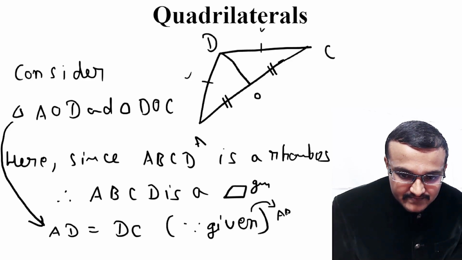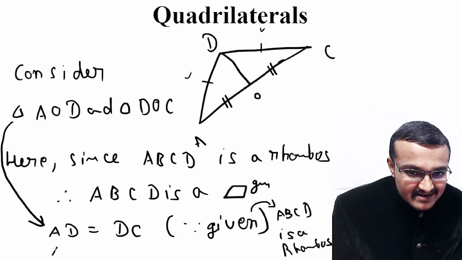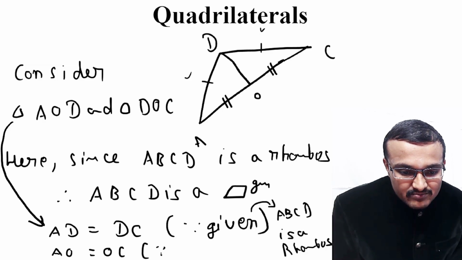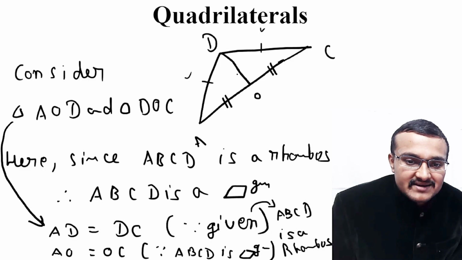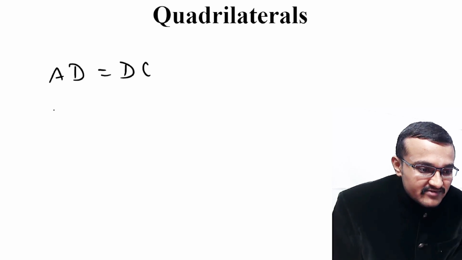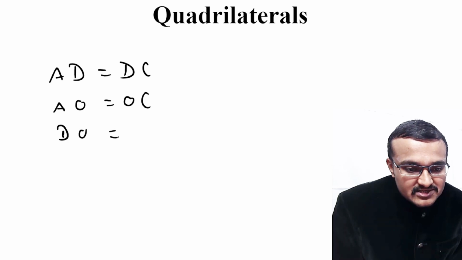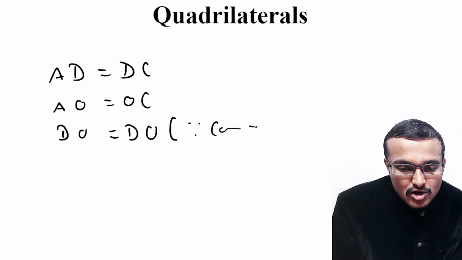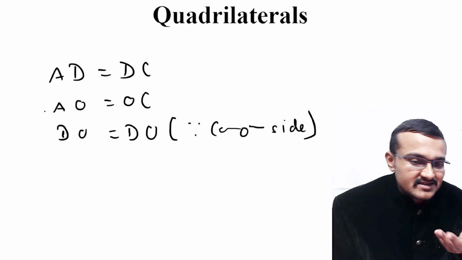And AO is equal to OC because ABCD is also a parallelogram, and DO is a common side. So DO is equal to DO.